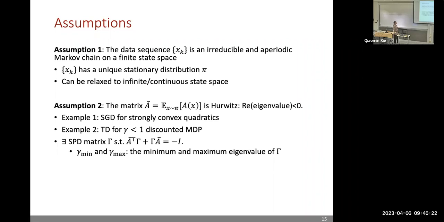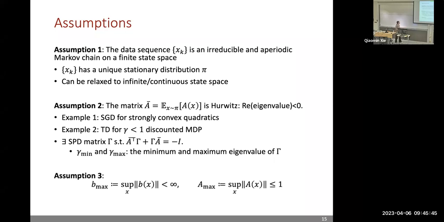So it depends on the parameters of your original problem you want to solve. Under these conditions, the linear equation we want to solve actually has a unique solution theta star. That also comes from this assumption.